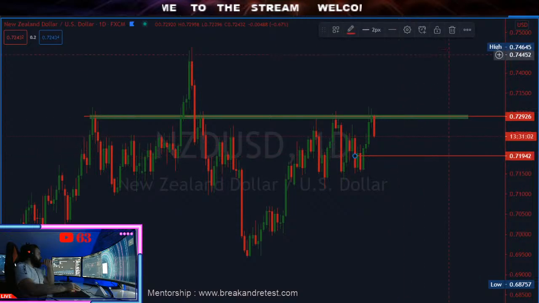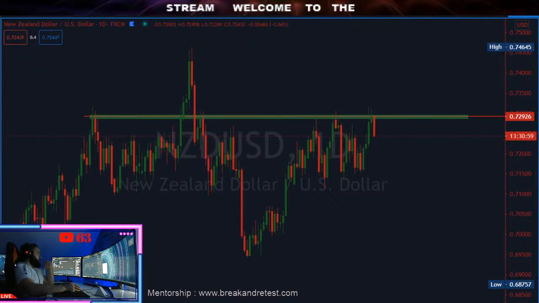But can this continue up? It probably can because there's a very big zone here. I know you mean that this candle closed above, and now this one is retesting.